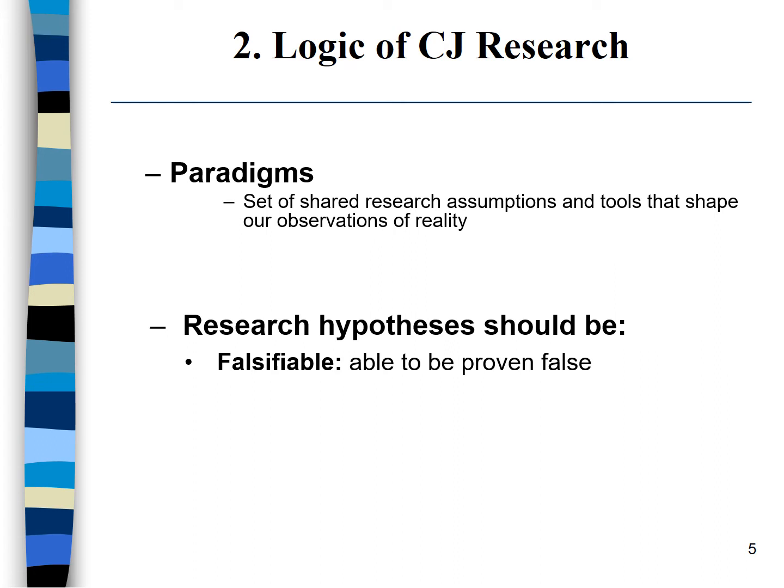So if you've taken a theory class, our criminal justice theory course, you probably are somewhat familiar with how we had the Beccaria classical school of thought, where there was an assumption that humans were rational creatures, and the idea of committing crime was individuals weighing the costs and benefits of certain actions. That was a paradigm. There were certain assumptions about the human condition, that people were rational, that they wanted to benefit happiness and avoid pain. And that those shaped the tools and how we observed reality.